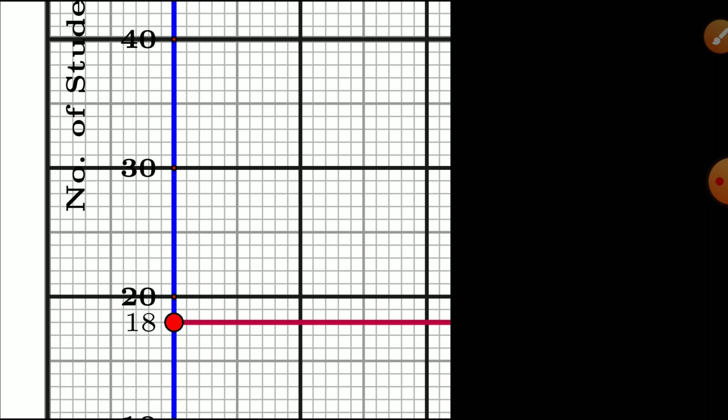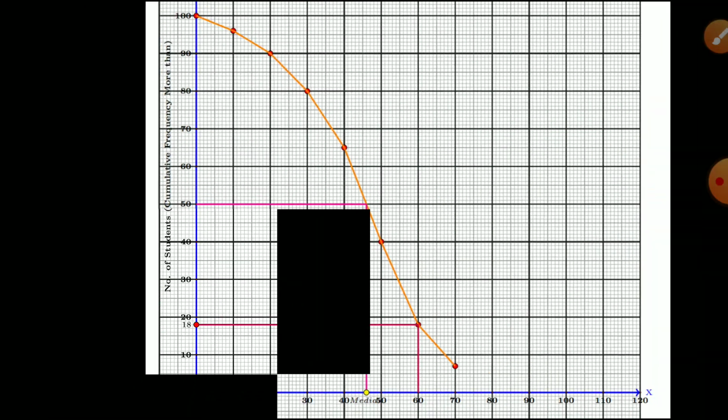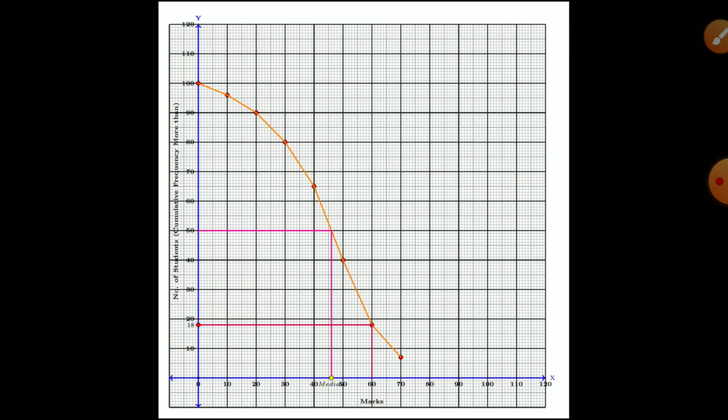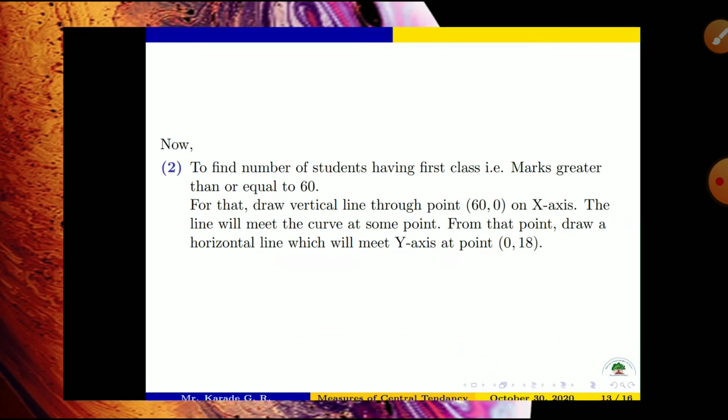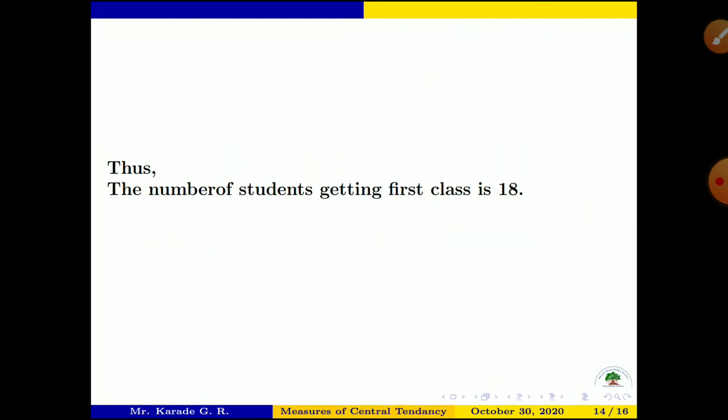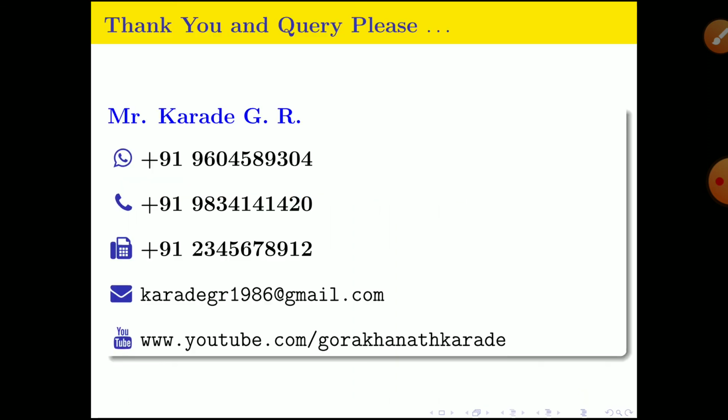There are 18 students having marks greater than or equal to 60, or having first class. Thus the number of students getting first class is 18.